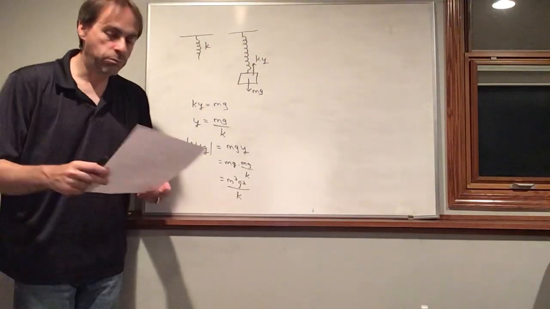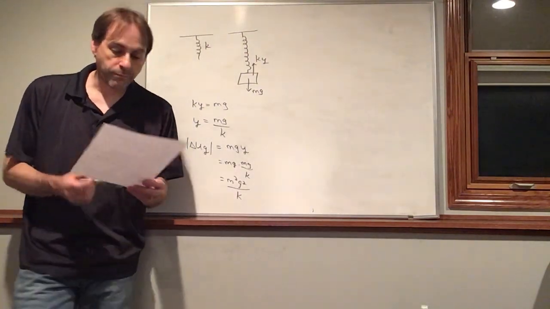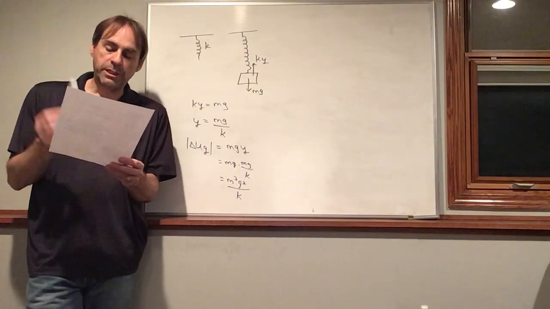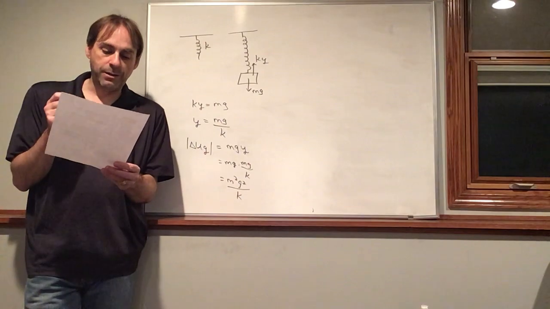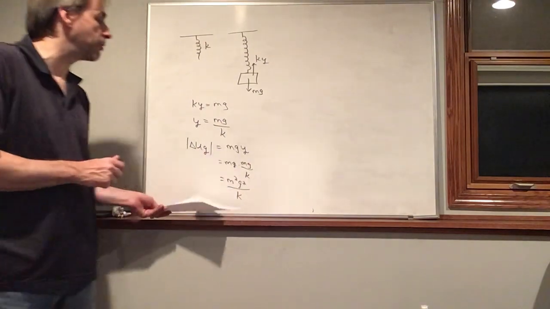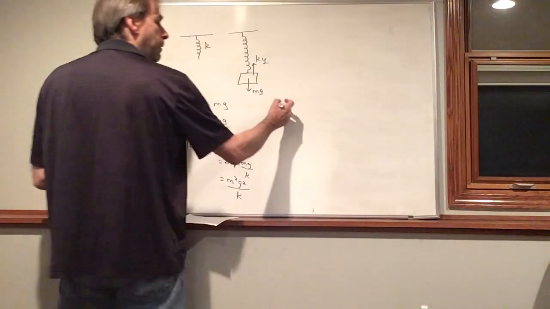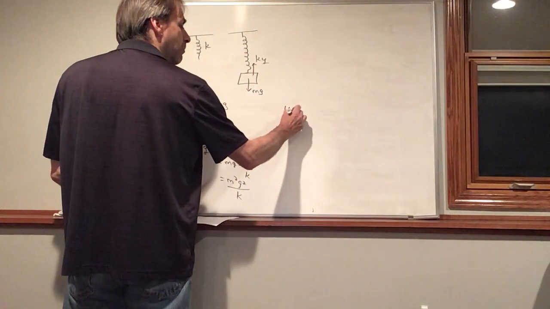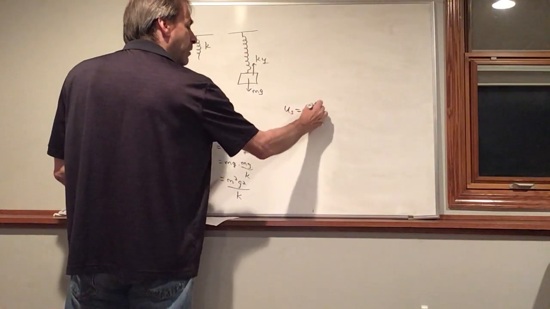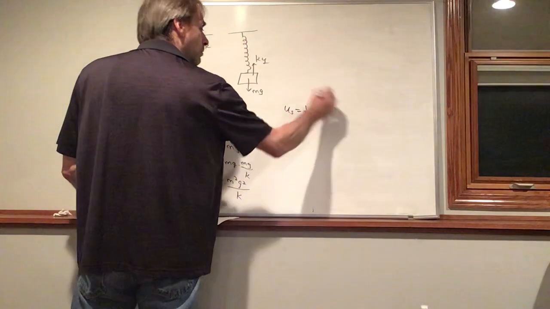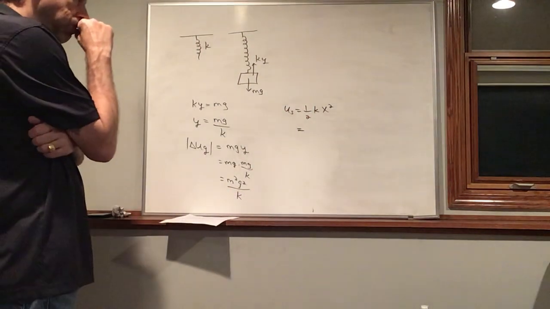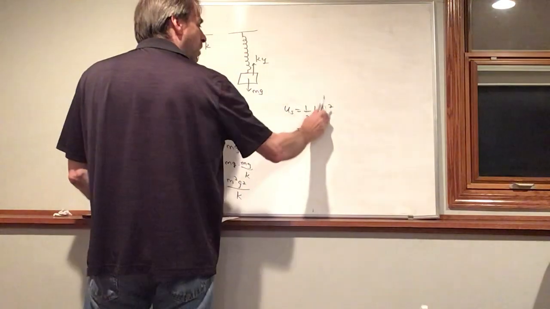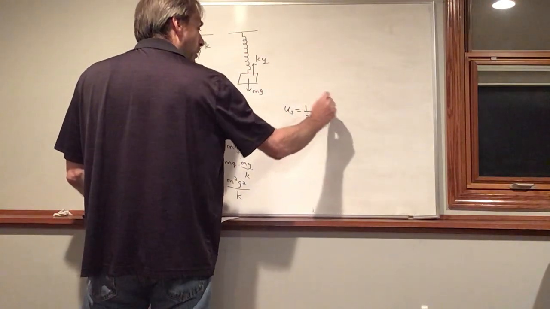Now, let me read the question again. Show that the loss of gravitational potential energy is 1/2 the gain in the spring potential energy. So the spring potential energy is 1/2 k x squared. So let's plug in the numbers here, or let's call it y, because that's what we've been calling it.